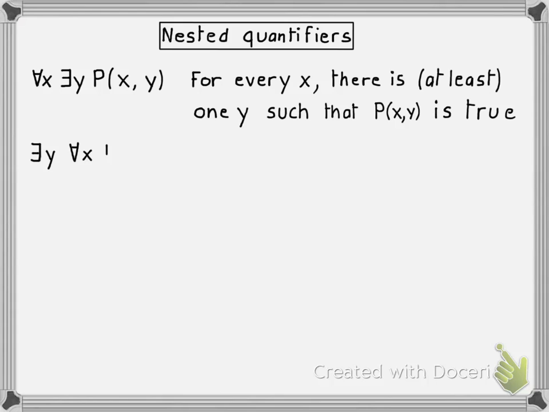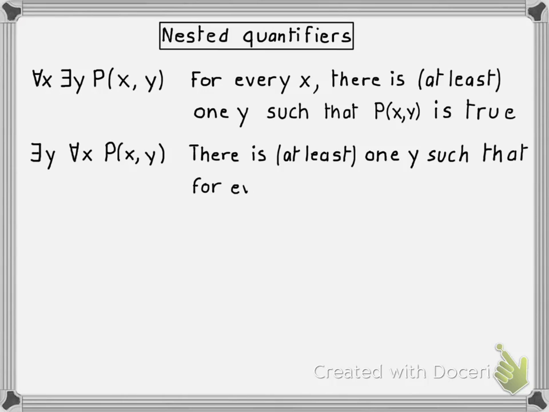So what we would get is the proposition: there exists y, for all x, P of x y. Now let's translate that into English. That's a little bit more intuitive. It says, there exists at least one value of y such that for every possible value of x in its domain, P of x y is true.